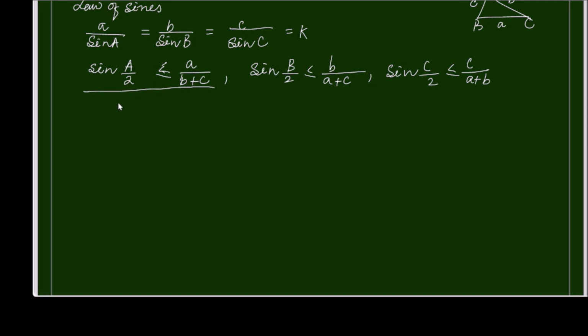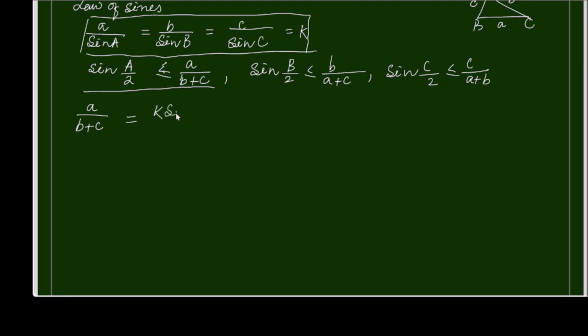I am taking the right hand side, that is a over b plus c. For small a, I am taking this ratio now, because I have taken each ratio as a constant k. Instead of side a, I can write k times sine of angle A, and for b, k times sine B, and k times sine C, because each is equal to k.